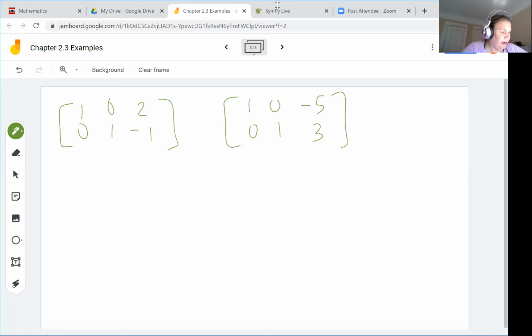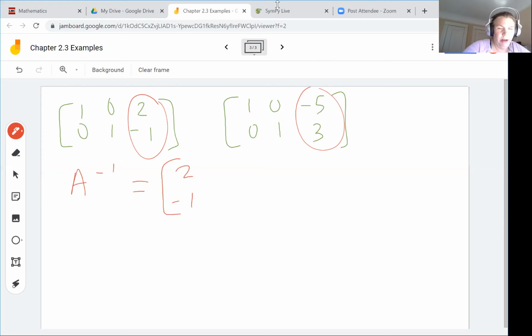All right, so then A inverse is going to be the combination of these 2 augmented solutions here. So we get A inverse as 2 and negative 1, and negative 5, 3 in the second column, and we're calling this matrix X.